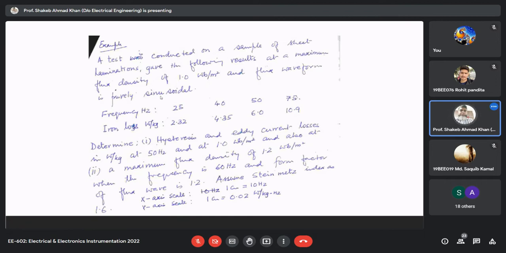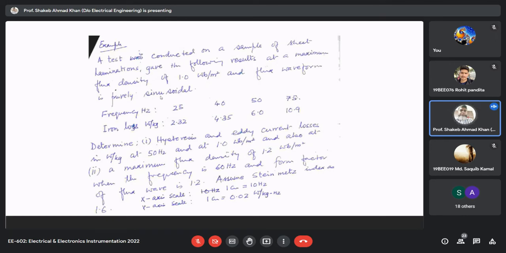Now when you don't have a purely sinusoidal but a distorted waveform, its form factor is changed from 1.11 to 1.2. This won't affect the hysteresis loss, but your eddy current loss depends upon the shape of the waveform also, because it will have harmonics.